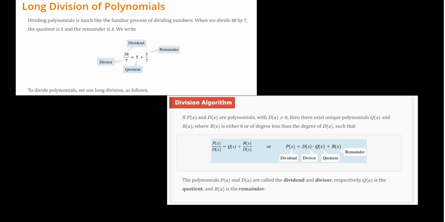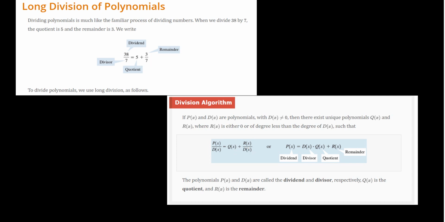To break this down, we have some polynomial over some divisor. Same thing here, some number over divisor. It will equal the quotient, which is the same thing here, plus the remainder, the numerator there, over the divisor, which is here.